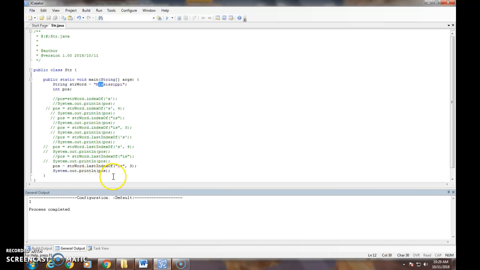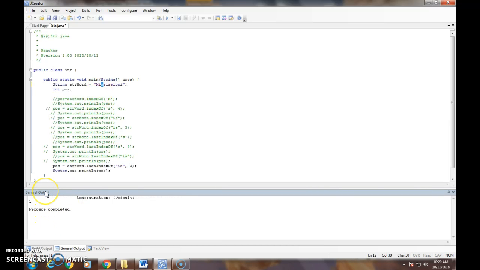So I started looking for is in the 3rd position. 0, 1, 2, 3. So right there I started looking for is, and it finds it. It goes to the left. Remember, this is lastIndexOf, so it's going to the left, and it finds is right there, IS, and the I is in the 1st position.